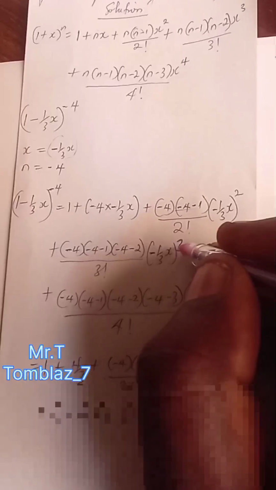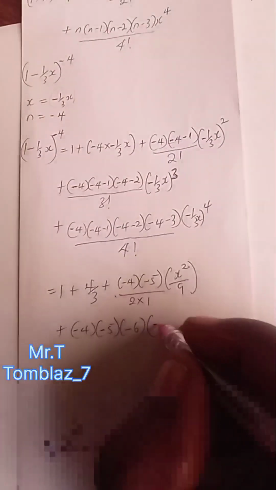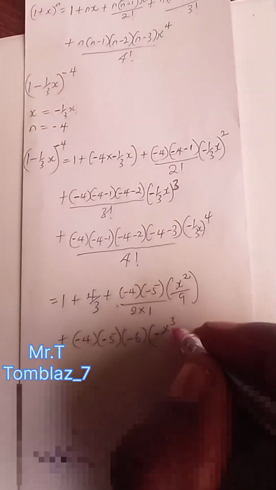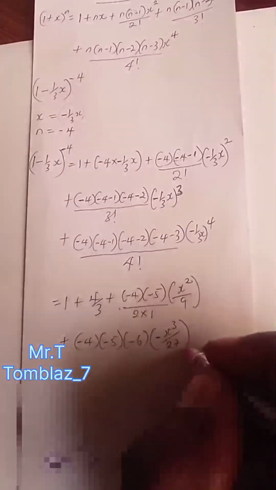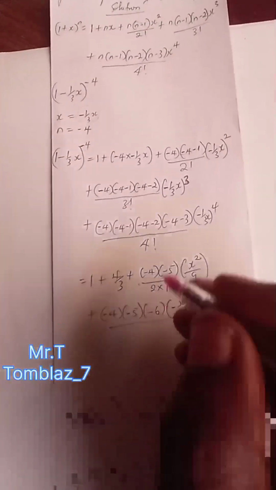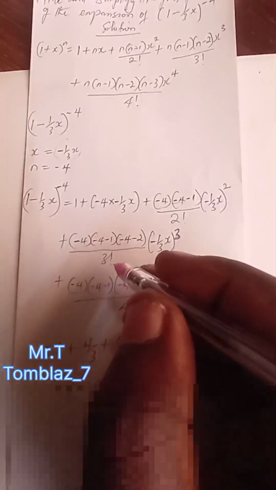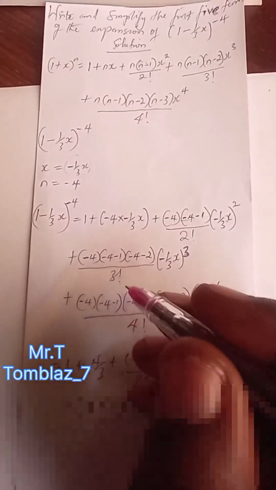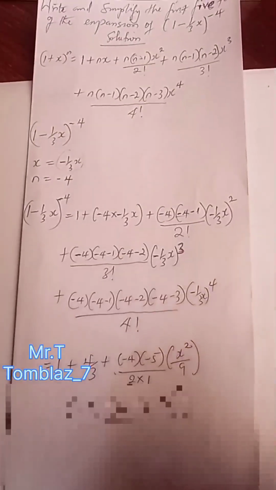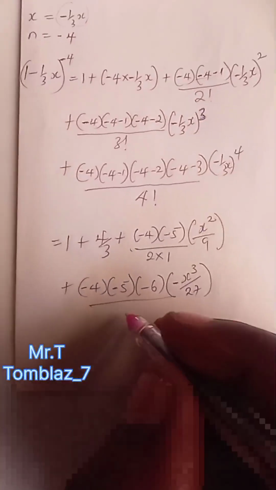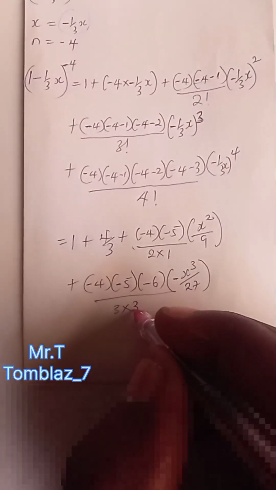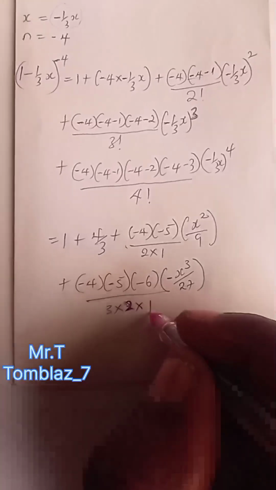Since this power is raised to an odd number, it still remains negative. x raised to power 3 all over 3 raised to power 3, which is 27, all over 3 factorial. 3 factorial is 3 times 2 times 1.